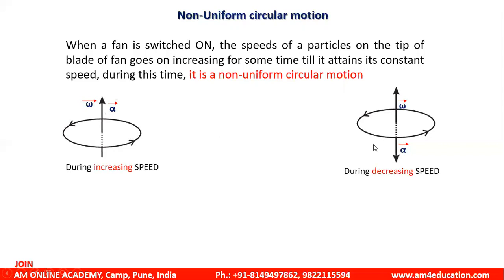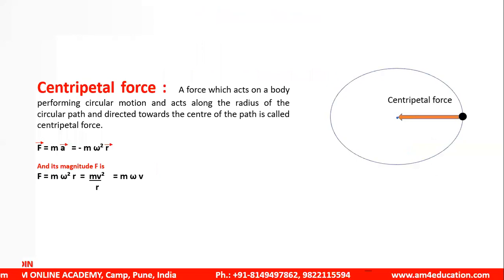Whereas in case of decreasing speed, the direction of angular velocity remains the same, but the direction of angular acceleration is reversed. In this case, the angular acceleration is denoted by a negative sign, and it is also called retardation. Now let us proceed further.